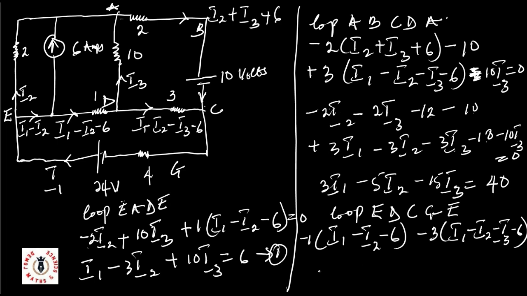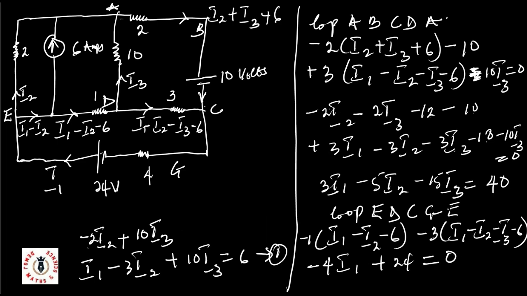Then the 4 ohm resistor between G and E, that will be minus 4I1 and plus 24 equals 0. Here's equation 2.